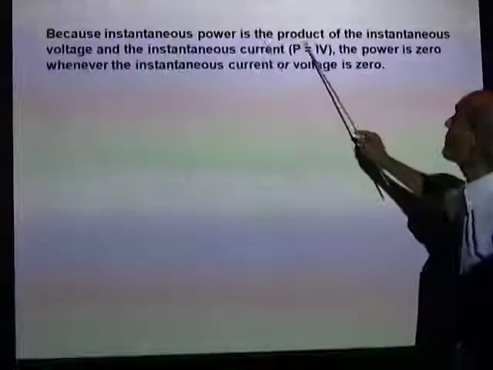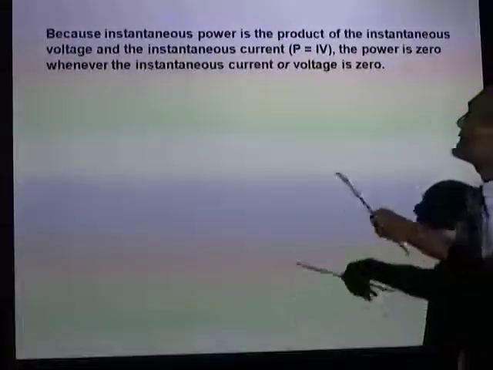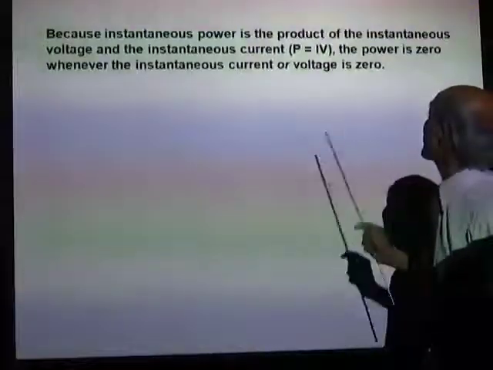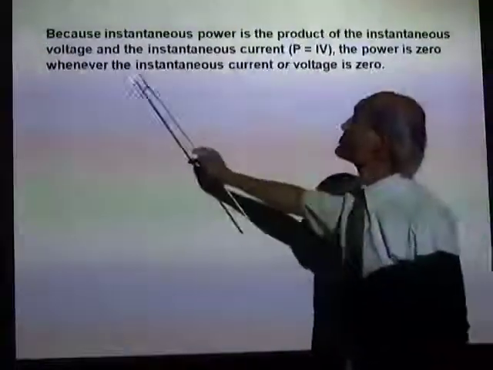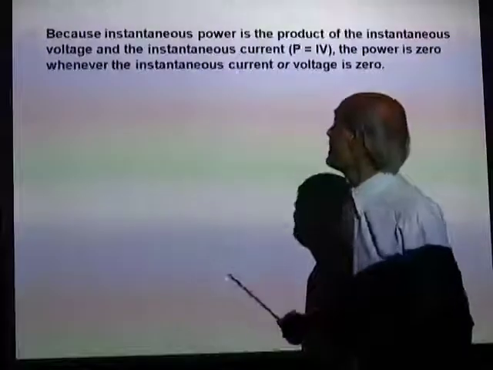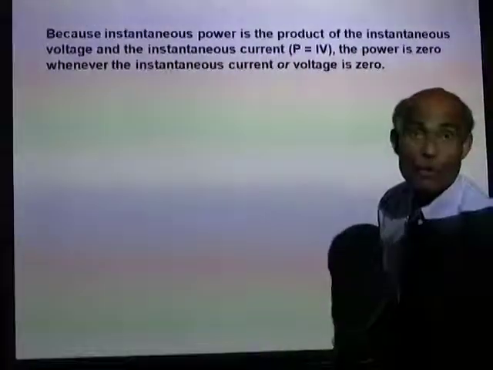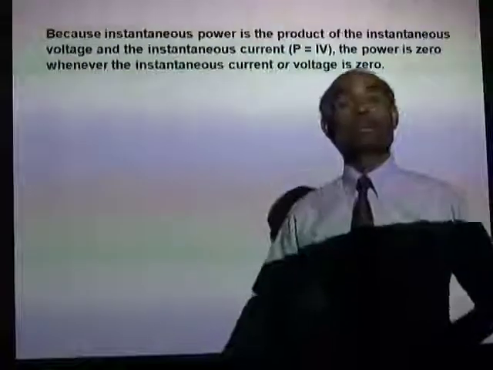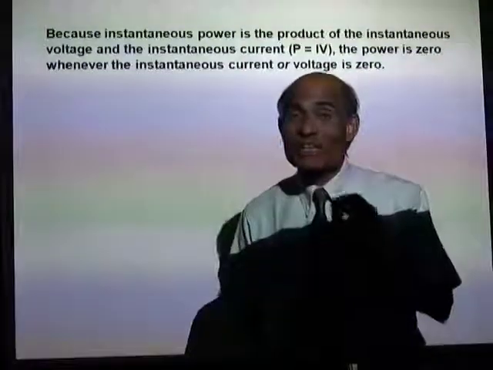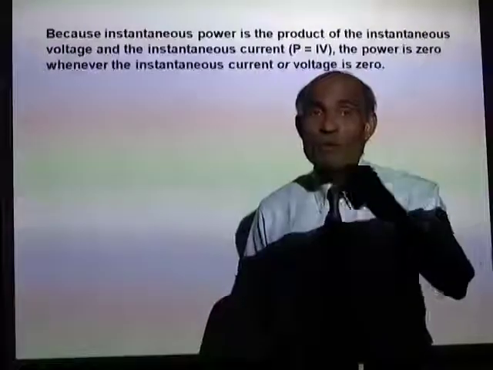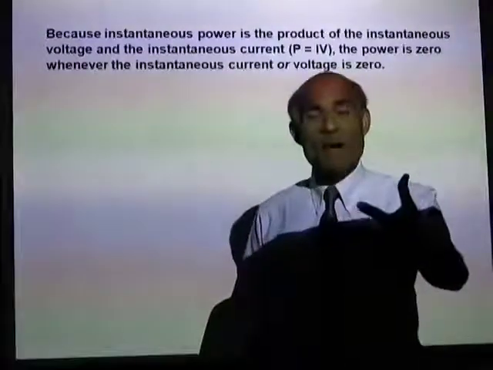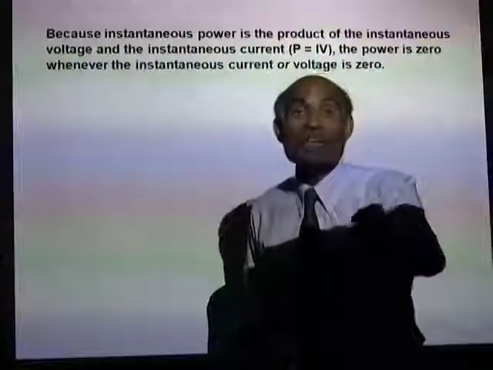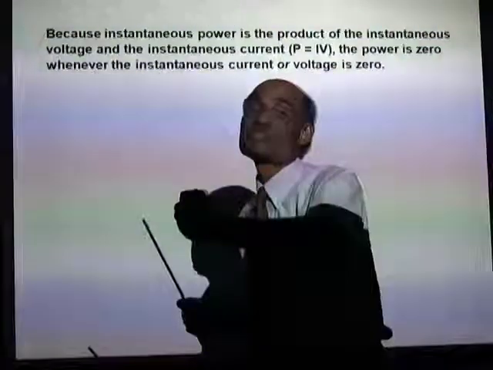Now, because instantaneous power is the product of the instantaneous voltage and the instantaneous current, the power is zero whenever the instantaneous current or the voltage is zero. Now tell me, in the case of the resistor, we said the average power or the instantaneous power is always positive, because when the current is negative, the voltage also is negative.